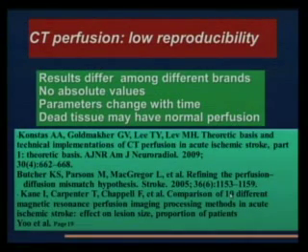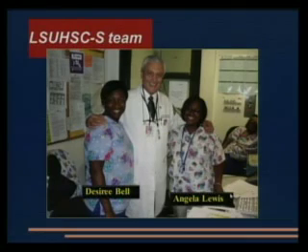Why? There are a lot of factors: one is the injection, how you inject, the time you acquire, the cardiac output of the patient. So everything contributes to the measurement in CT perfusion not being so accurate.